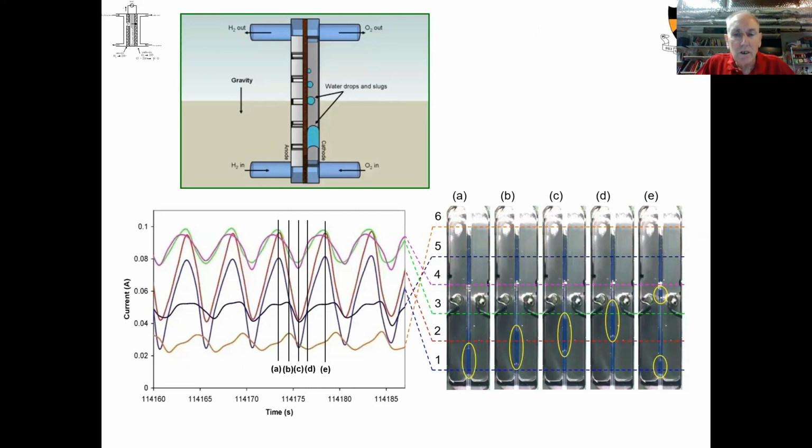You can see we can locate where the water is and where the current density is highest. Where the water is, there's the lowest current density, and where there is no water slug in the channel, we have the highest current.